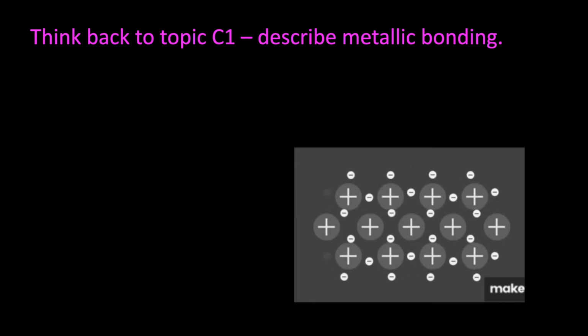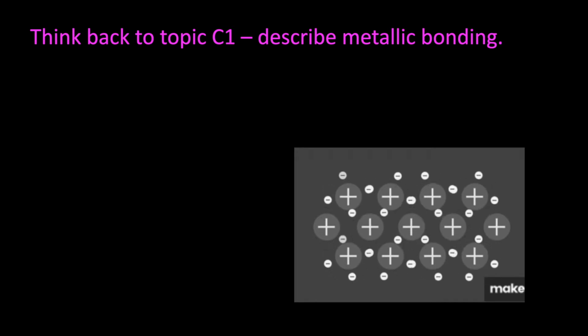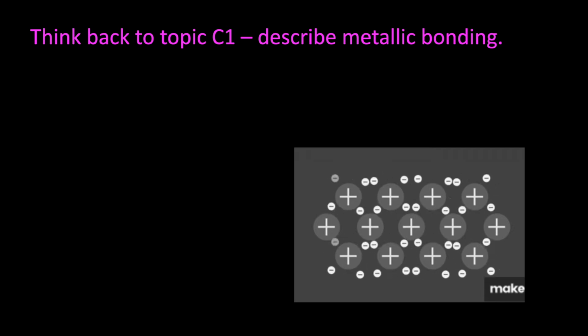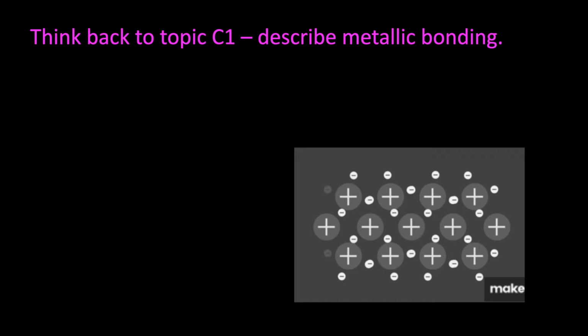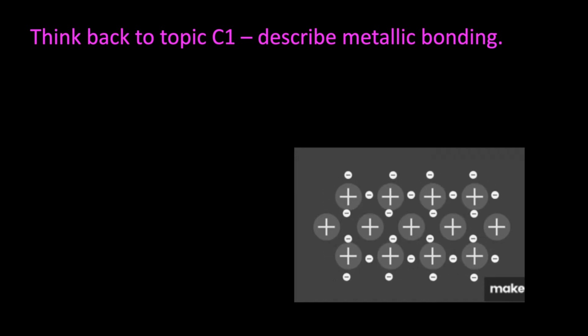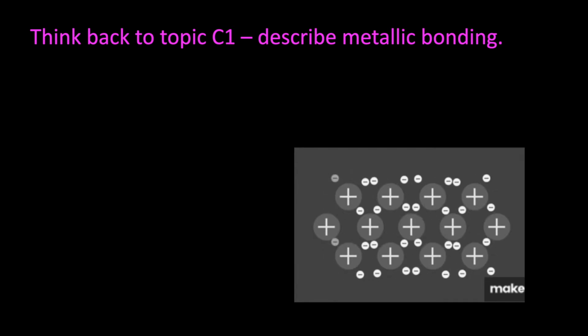Think back, pause the video, look over your notes if you have to. How do you describe metallic bonding? So, based on the video, you should be able to identify that there are two parts to the structure.